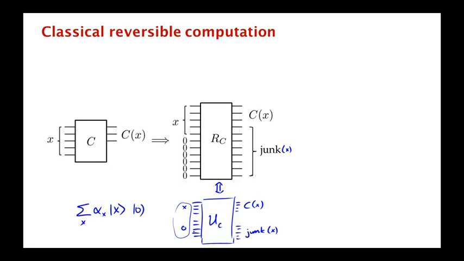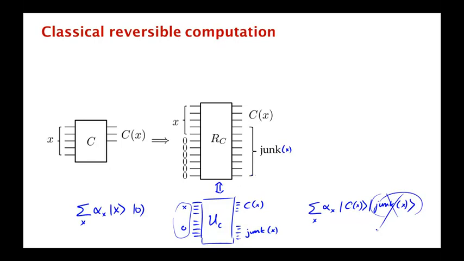Now what's the output going to be? Well, remember a quantum circuit is linear, so the output is sum over X, alpha X, C of X, and then this register is going to be junk of X. Well, the junk of X we don't want, so can't we just throw this away and be done with it?